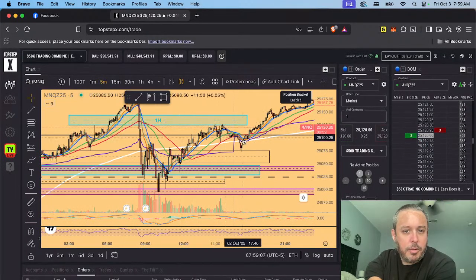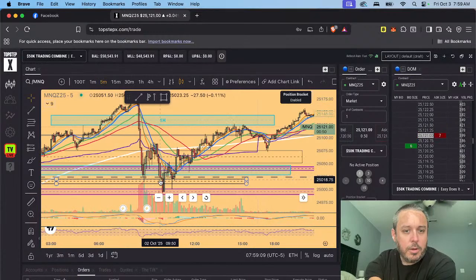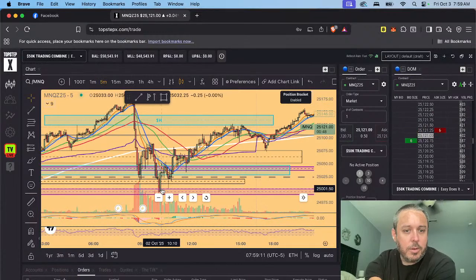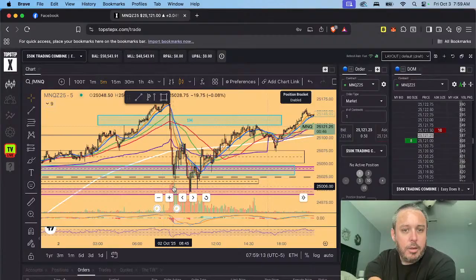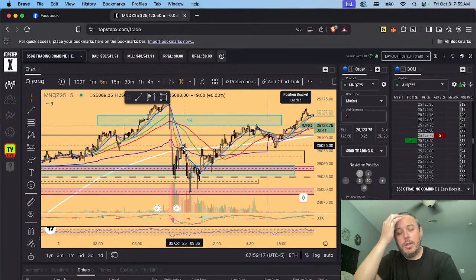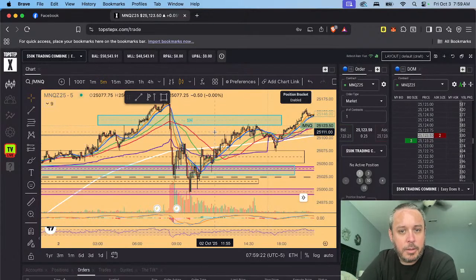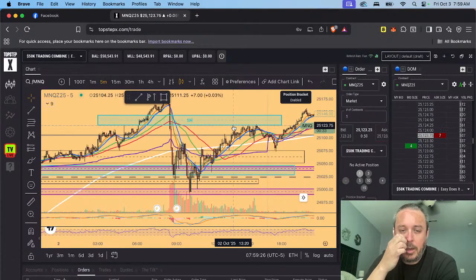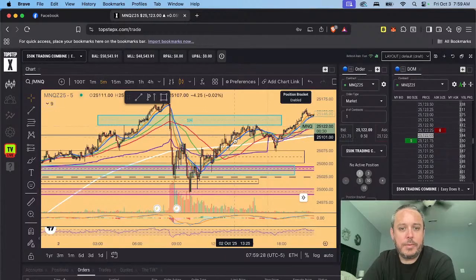Eventually, it played out, but not before taking out this lower liquidity level right here. So I was happy to close out the day with $130 in profit. Had I held it, maybe it could have been $300 or $400. But I wasn't willing to just sit here and watch the trade all day.